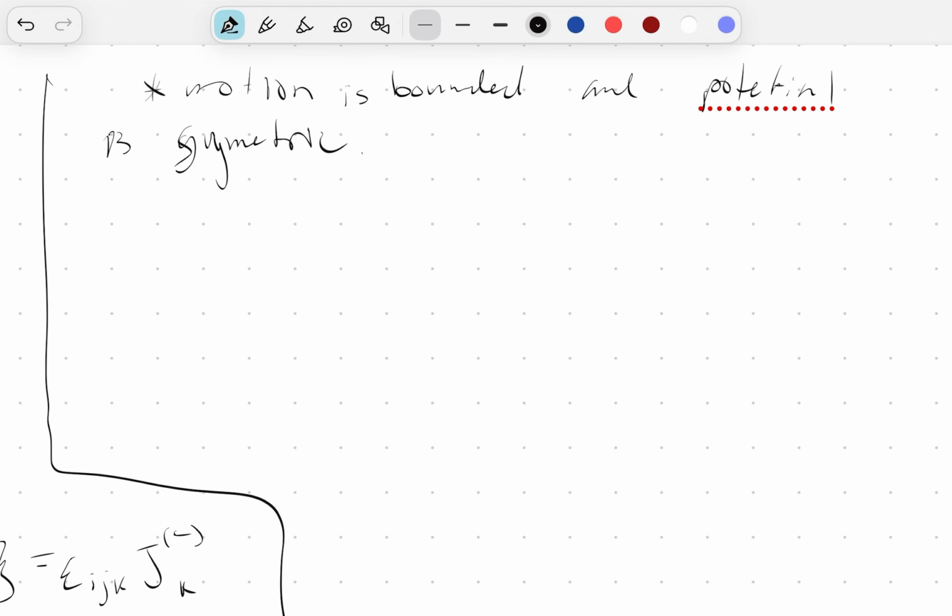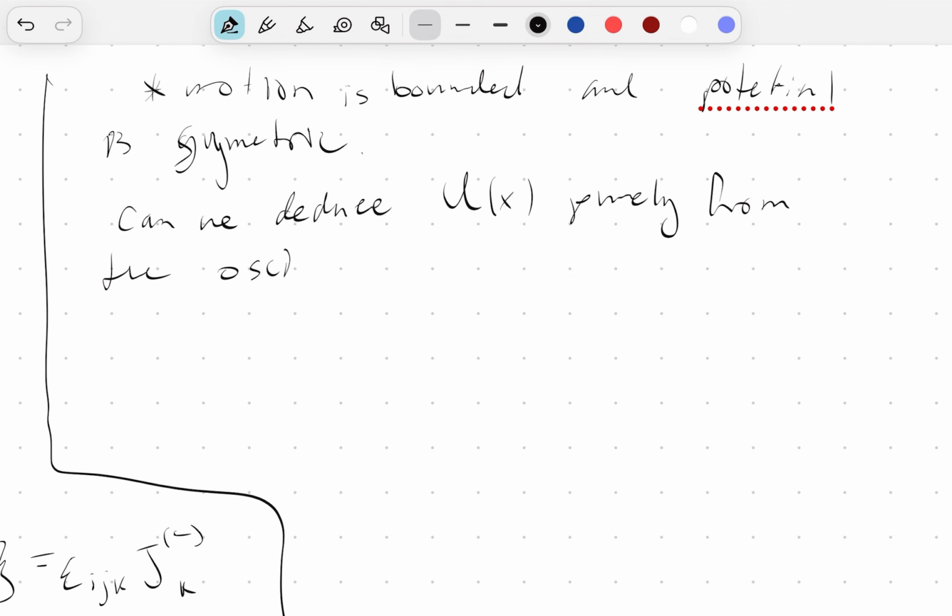So that's interesting, right? The problem is, can we deduce the potential purely from the oscillation period as a function of the energy?